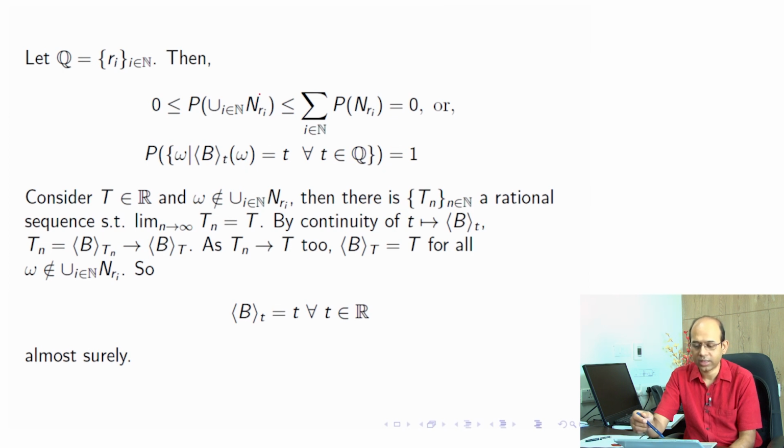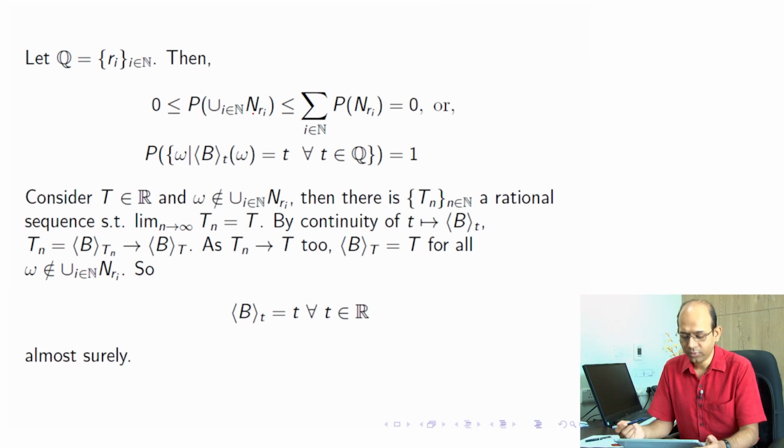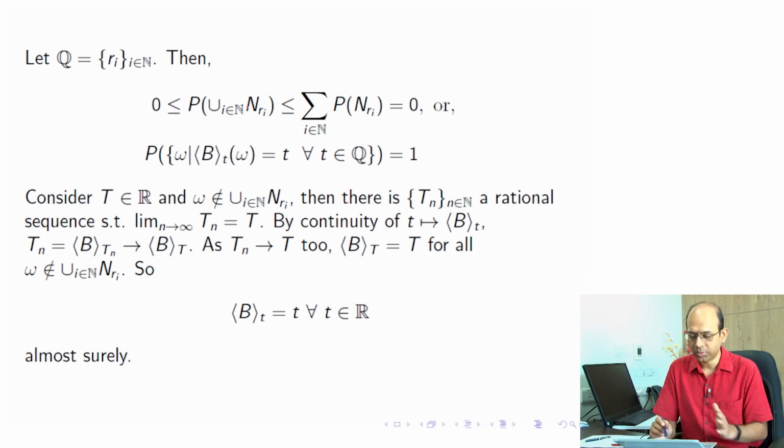Each and every N_{R_i} has zero measure, and this countable union of zero measure sets is 0. So this probability is less than or equal to the sum over i of P(N_{R_i}), and these are all zeros. So this probability is 0. We have shown, not the full thing yet, that the union over only countably many time points, the rational times, is 0.